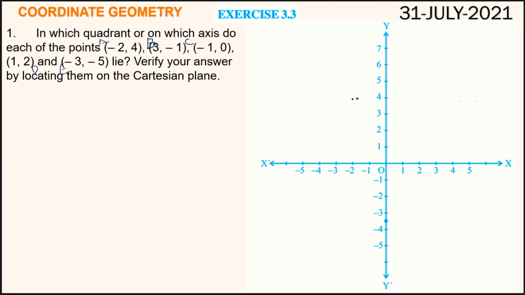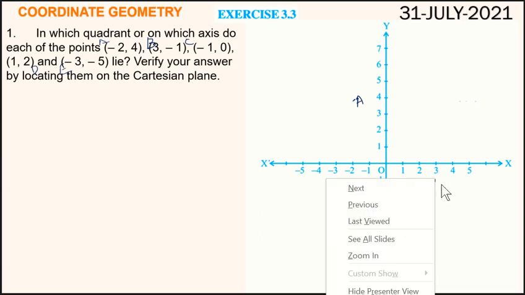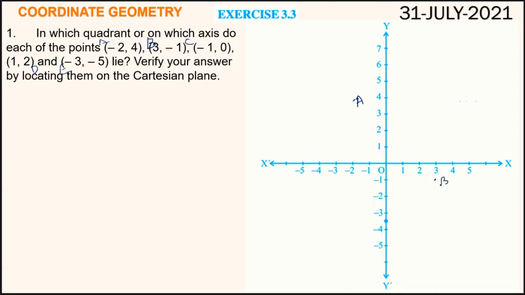So A lies in the second quadrant, -2, 4. This is the place where A lies. Then B lies in the fourth quadrant, 3, -1. This is the place where B comes. C lies on the x-axis.